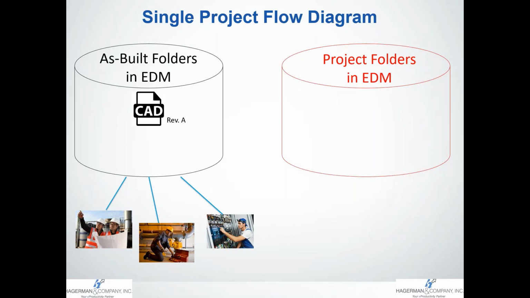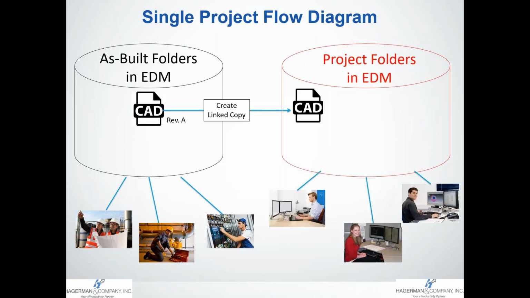So when you gather files for a project, be able to, I'm just doing an example with one file here, get that file and then say, create a linked copy in the project area, which your operations and maintenance staff can't see. Then within the context of the project, that file would go through its workflow where it can be accessed by your internal or external editors, reviewers, and approvers.